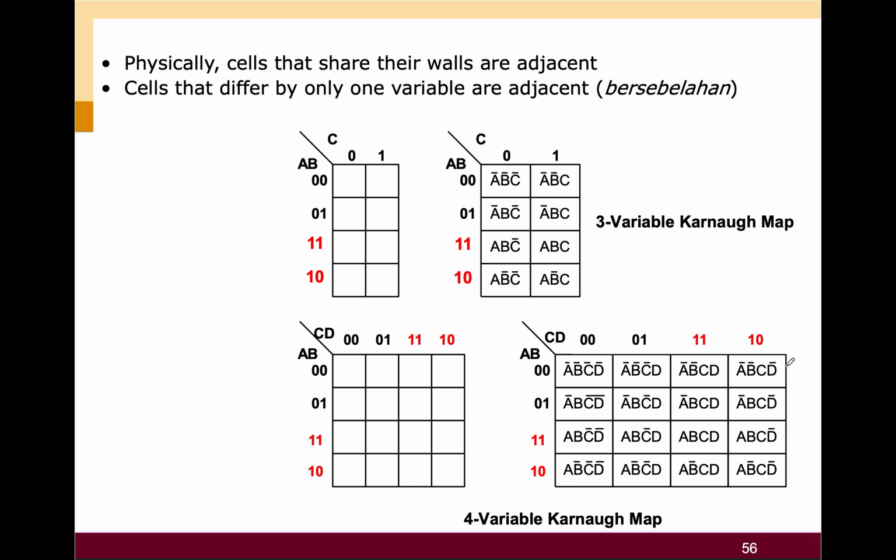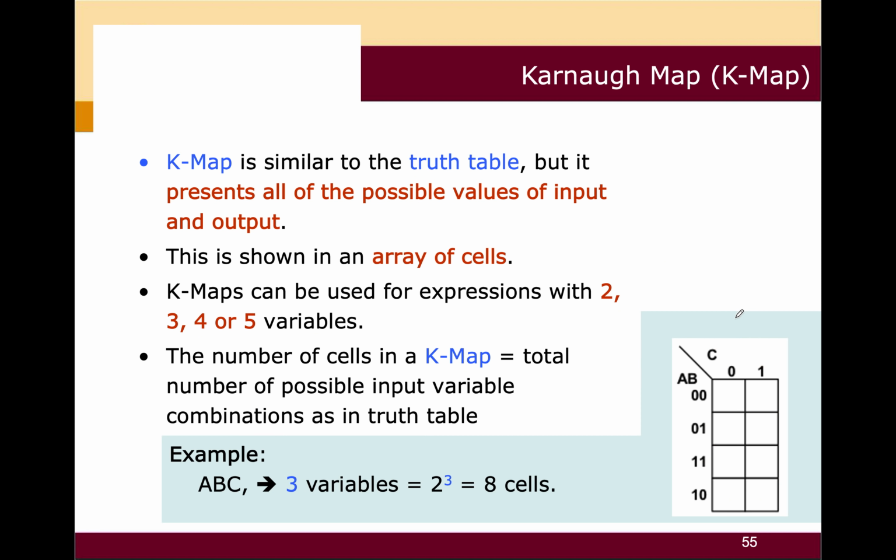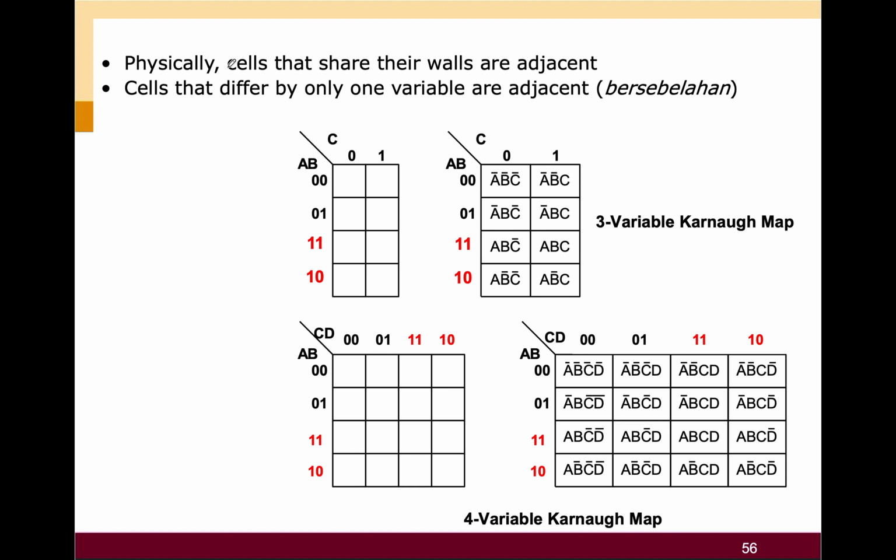You look over here, let me erase first, we move to here. So physically cells share the walls of adjacency. So cells are referred to by what variable they are adjacent, which is the side. And you can see over here that normally you will use 0, 1 first, and then 1, 1, right?